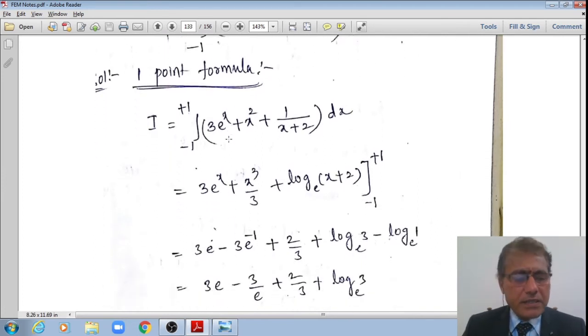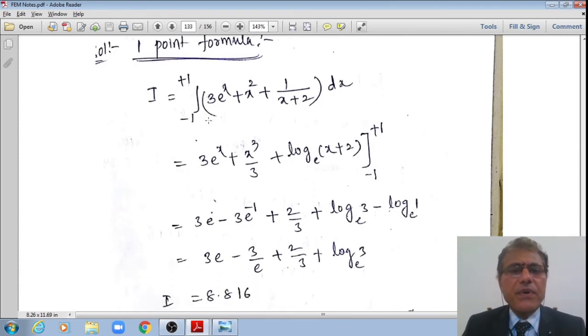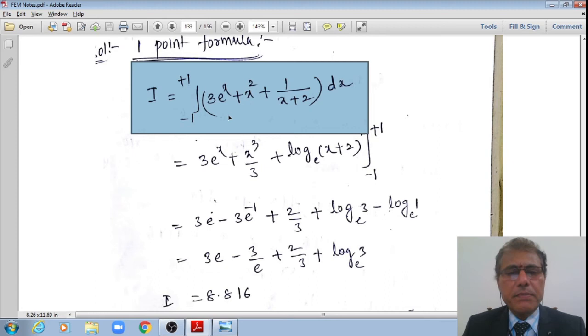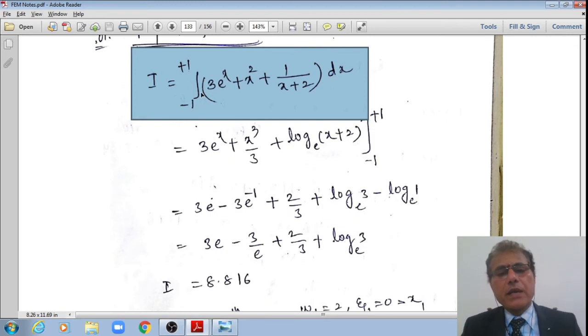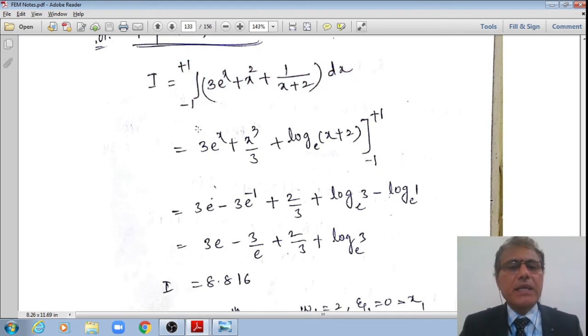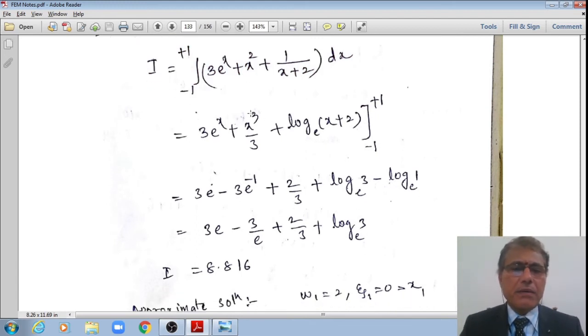Then let us use the 1 point formula, right? We have this integral from minus 1 to plus 1 of 3 e to the power x plus x square plus 1 by x plus 2, dx. Using the mathematical integration rule, this is 3 e to the power x plus x cube by 3 plus log to the base e of x plus 2, from minus 1 to plus 1.